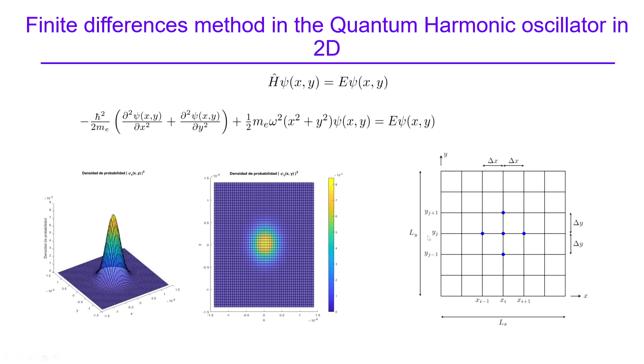To solve this system, we use a numeric method called finite difference, more specifically the 5-point stencil, right?